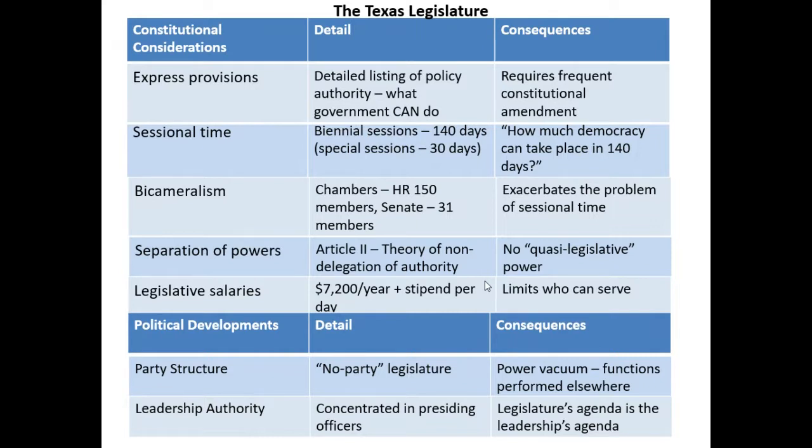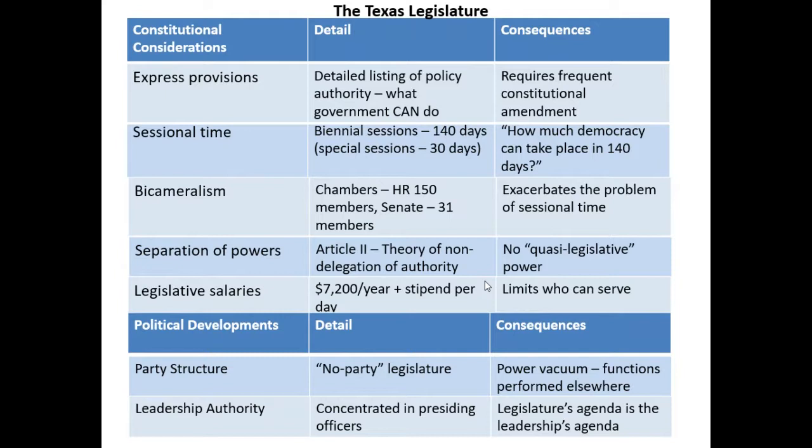Now, there are some caveats to that, and we'll get to that after spring break, but the weak governor in Texas is a reflection of the suspicious minds of the framers of the 1875 Texas Constitution. Remember, that Constitution was written after Reconstruction, and it was a reaction to what they perceived as the abuses of the governor's authority under E.J. Davis.